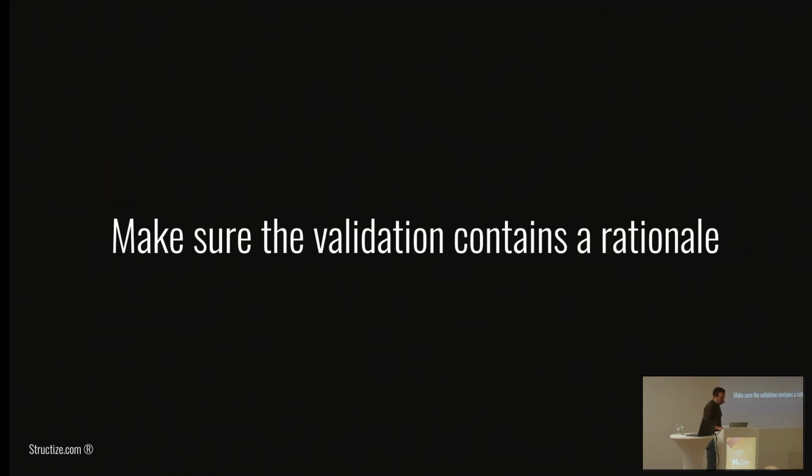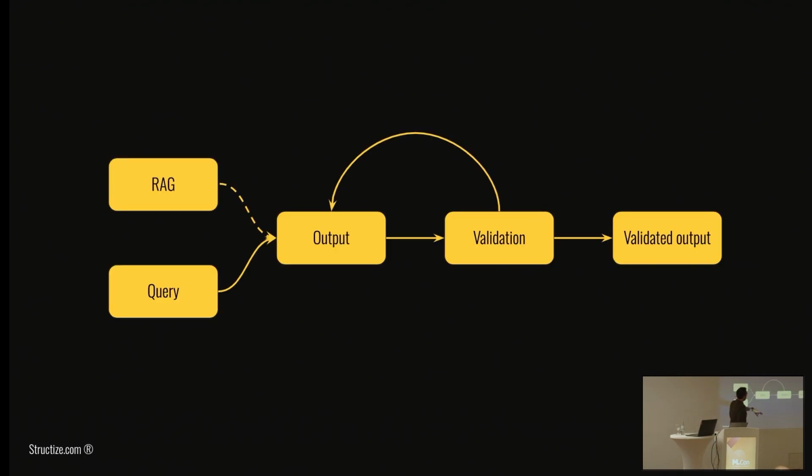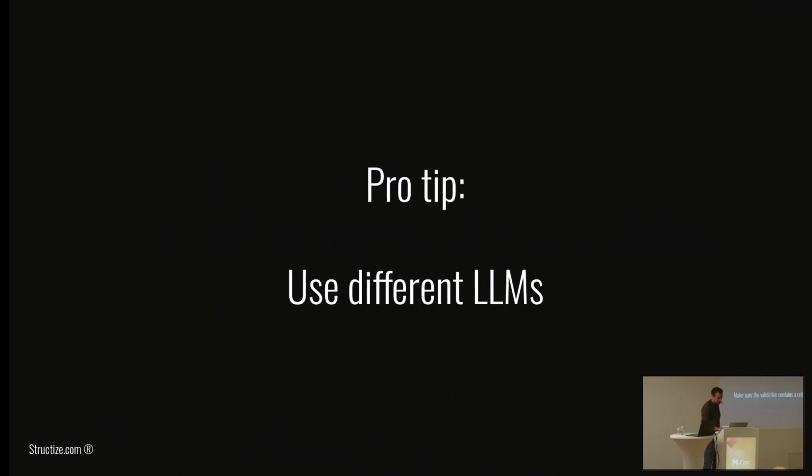And make sure that whatever you get from the validation model contains a rationale so that you can actually give that output back to the system and use that to improve the output. A pro tip, it's not necessary: if you don't have access to different LLMs, you don't have to, but a pro tip is to use Claude for one and OpenAI for the other, or the other way around, because it will see different things.